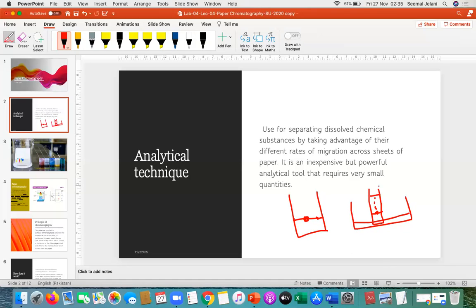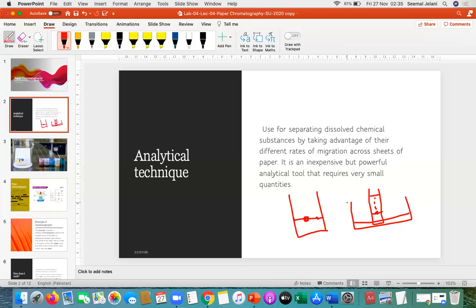Now the paper is the stationary phase and the solvent system is the mobile phase. So when a colored chemical sample is placed on a filter paper, the colors separate from the sample by placing one end of the paper in the solvent. So that's the way it works.